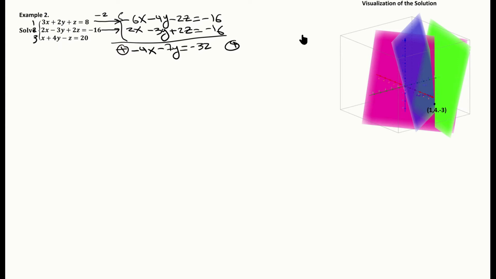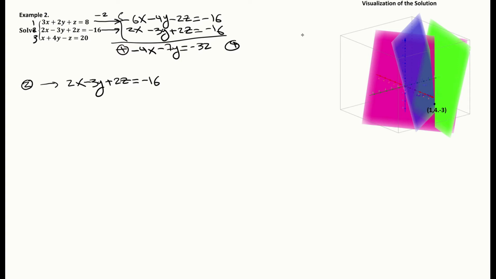So we'll bring equation 2 as it is, 2x minus 3y plus 2z equals negative 16. As always, I highly recommend that if you do know what's going on from this point forward, you should pause the video and try to finish this on your own before you come back and join me.